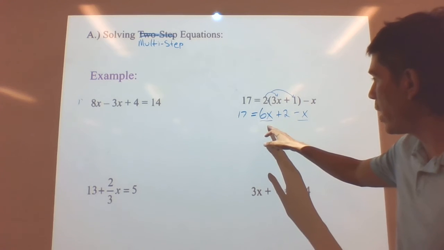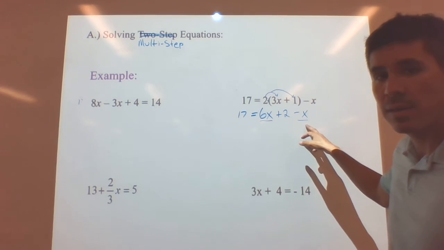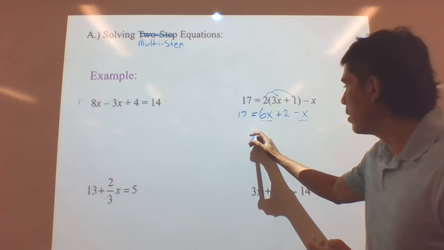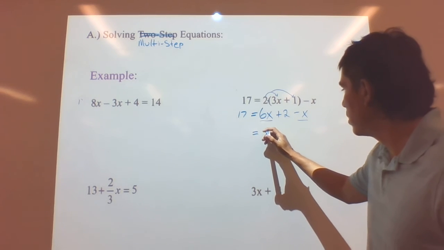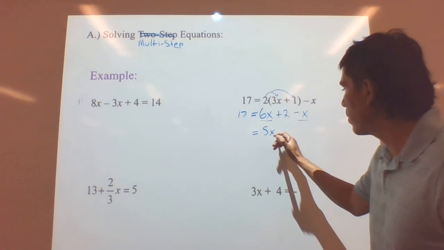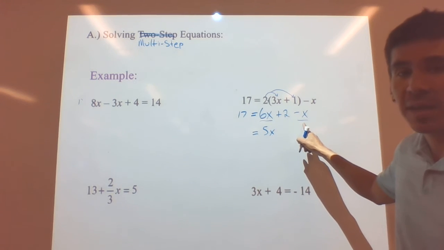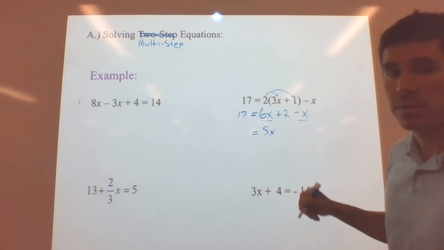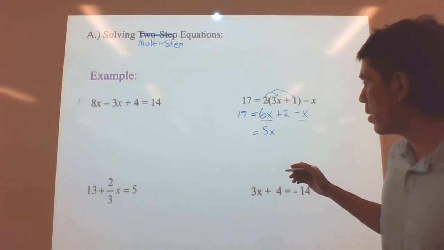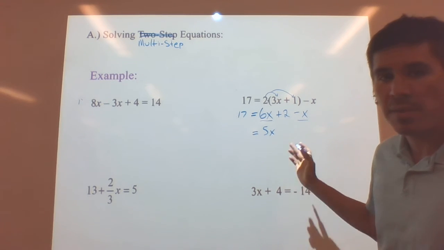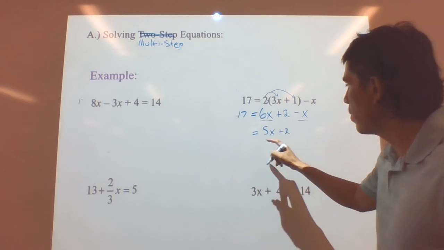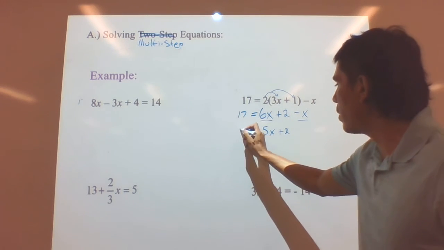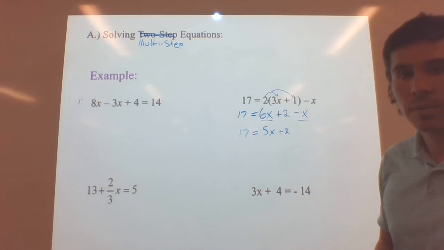So we combine 6x minus x. That's going to give us 5x, because this x is negative and this is positive. So we have 5x. Again, what do I bring down? Everything else. I bring down the positive 2. I bring down the 17. Okay?